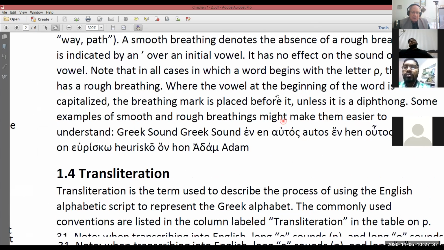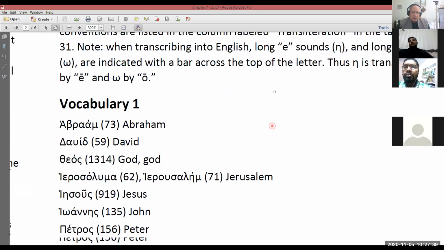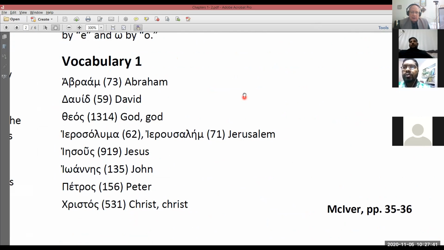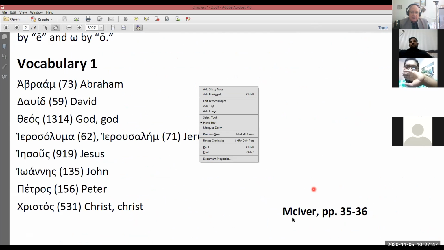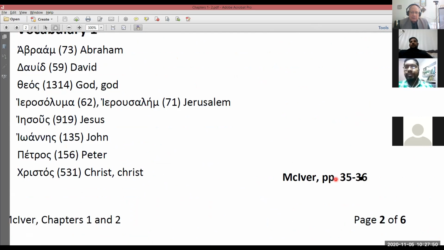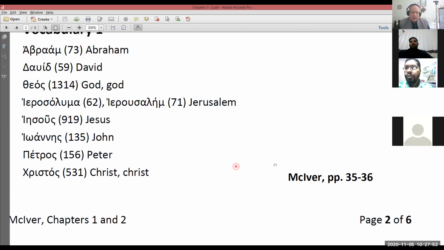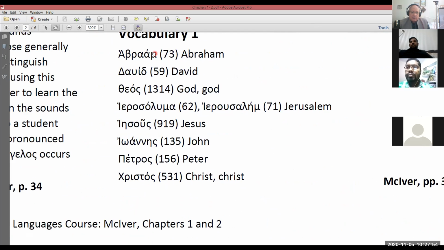This is all things we have looked at, but what I want to look at now is the vocabulary list at the end of the chapter. In McIver, pages 35 and 36, notice here in the textbook, you have this list of words at the end of chapter 1.